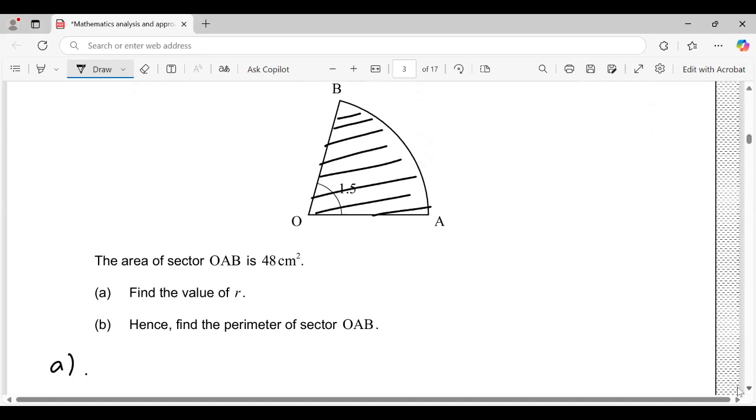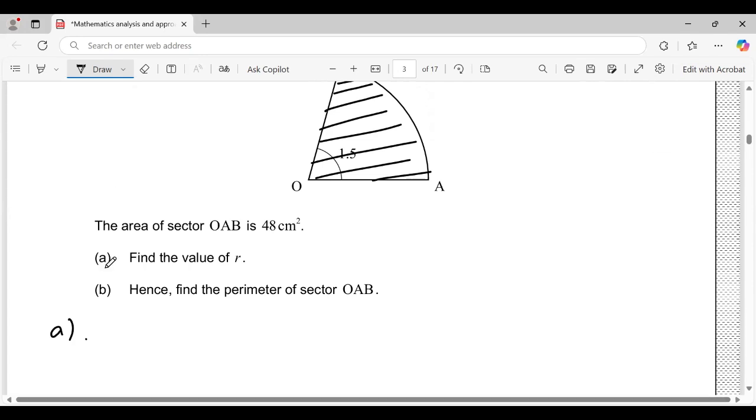To calculate the area, we have to use the area formula. The area of this sector equals 1/2 multiplied by r squared multiplied by the angle theta. Theta in radians is 1.5.